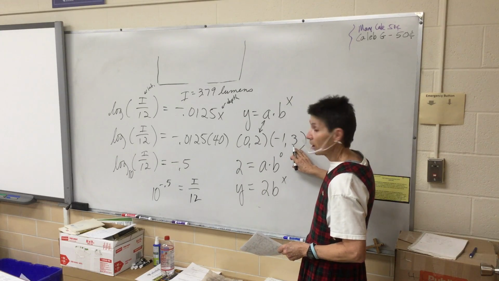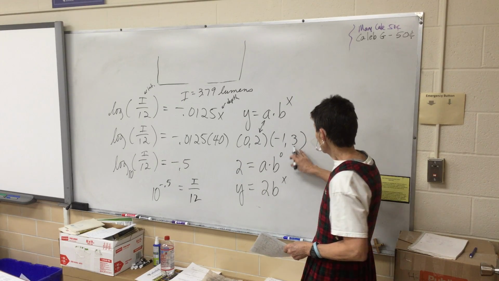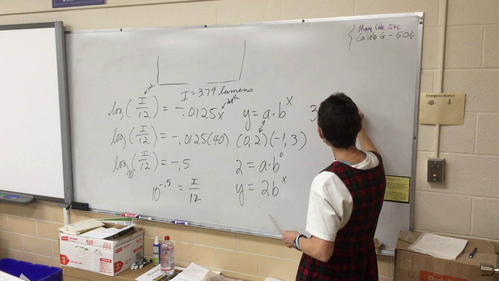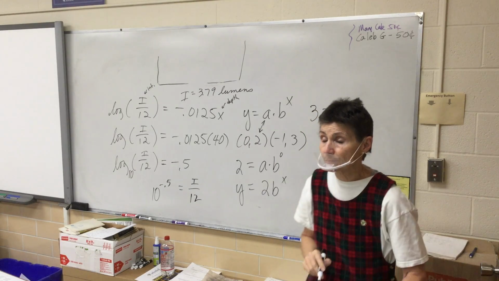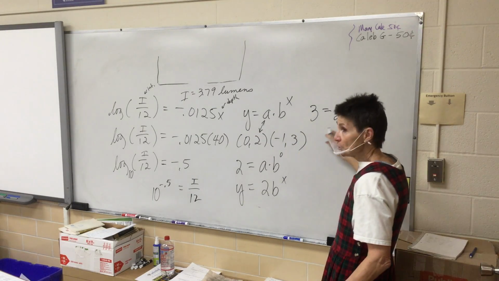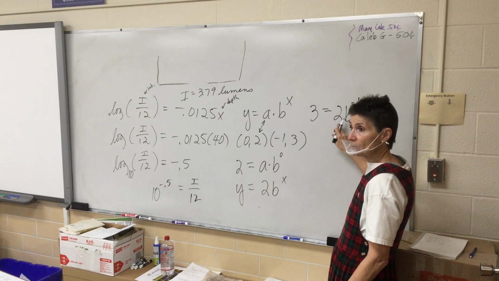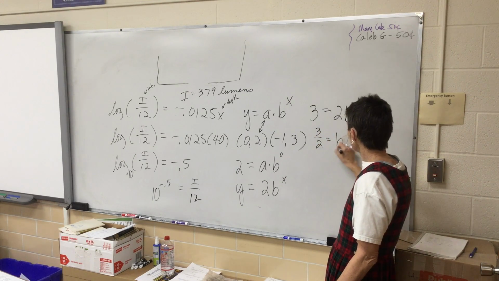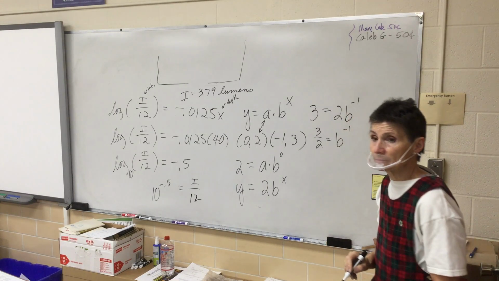So then we'll plug in our other point. So 3 equals 2b to the negative first. So we'll divide by 2. Always, always, always get rid of this coefficient. So 3 halves equals b to the negative first.